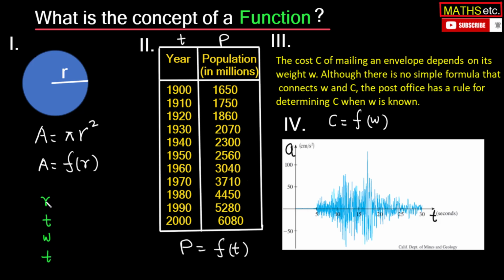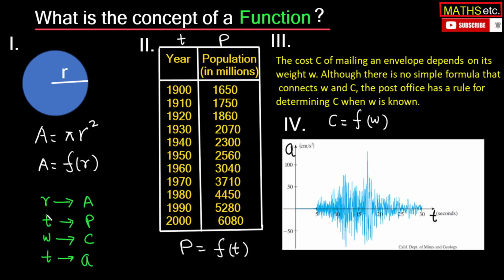For each value of this quantity there is an associated value of another quantity. In the first example it was area, in the second example population, in the third example cost of mailing, in the fourth example acceleration of the ground.